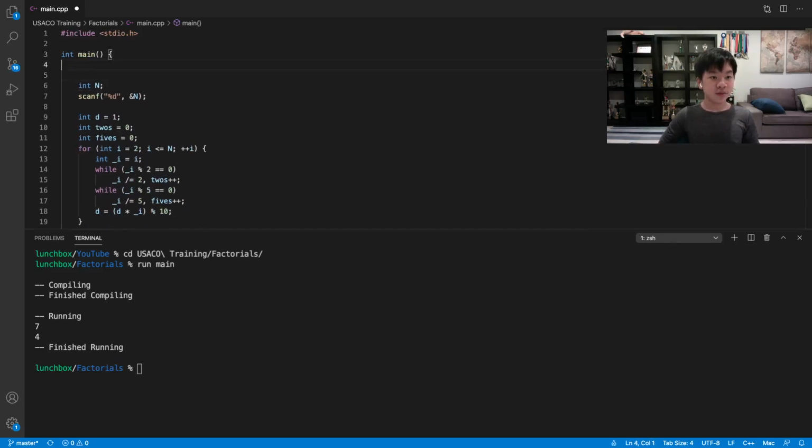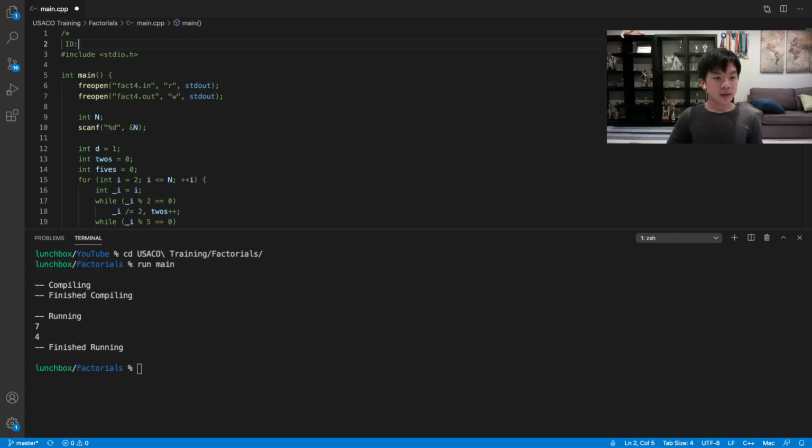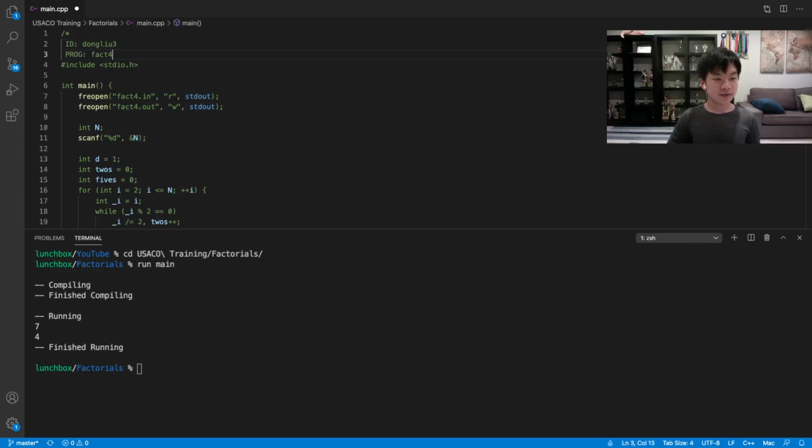So we can use freopen. We're going to read from fact4.in, and we're going to write to fact4.out. Alright, so okay, let me just enter the information. This is fact4.